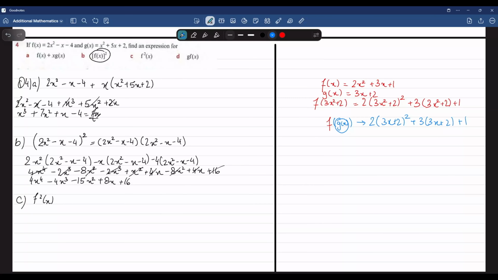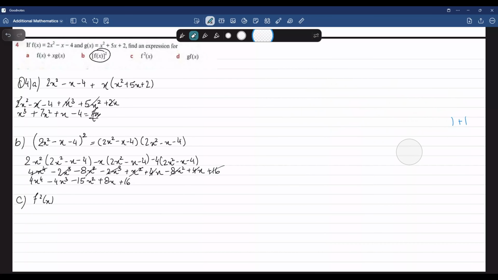And that's basically what that means. Now if they're telling us something like f squared x, this means that we input f(x) into f(x). So we have basically the input f(x) 2 times into the same function.